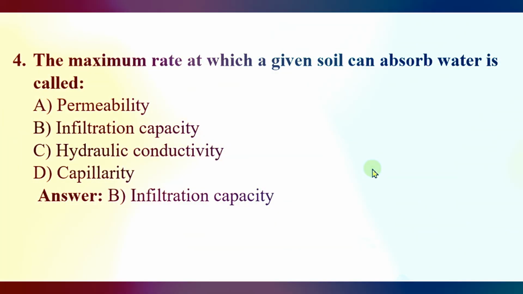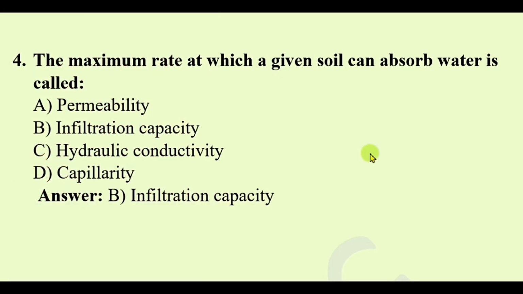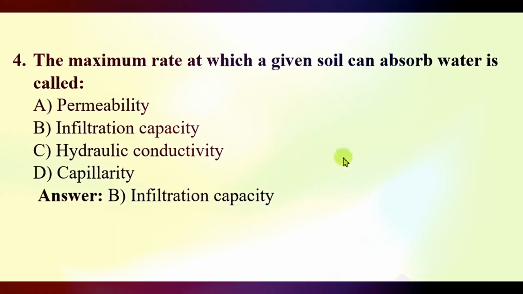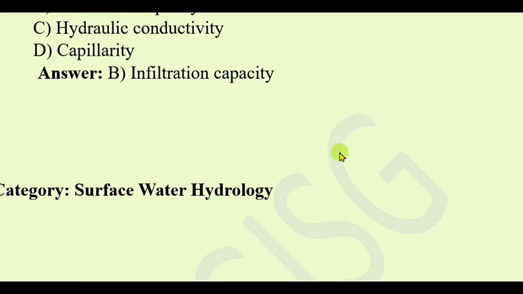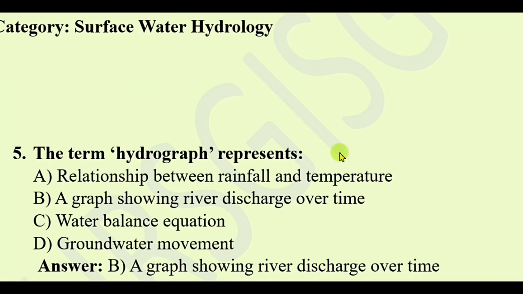Permeability is a little bit different, and hydraulic conductivity is also different, and capillarity is the opposite of infiltration, meaning when the water moves from below to the upper part of the earth's surface, that is called capillarity, due to surface tension.